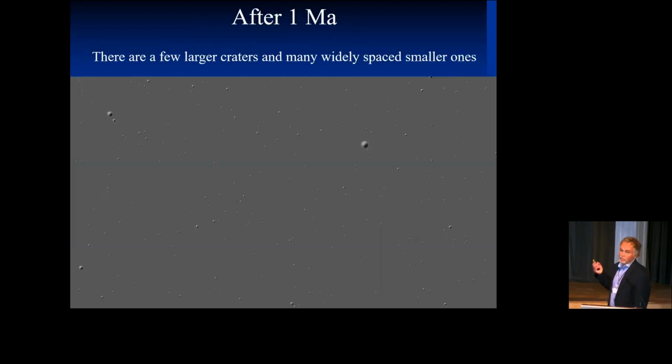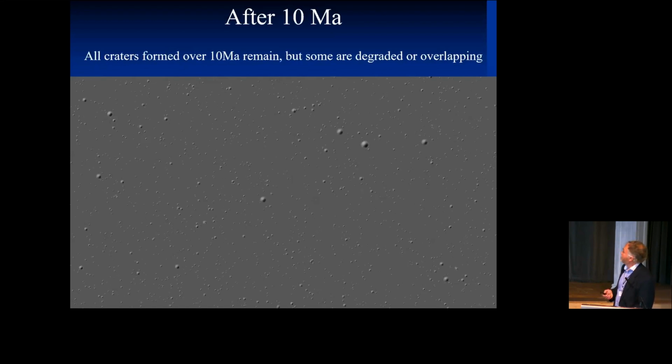So after a million years, you won't be able to see this, but there are a few larger craters and many smaller ones. The smallest size craters are about 3.5 meters in diameter. So after a million years, you really don't get very many craters. After 10, you get a lot more, and a few more larger ones.